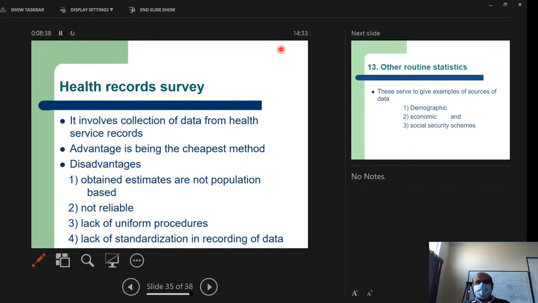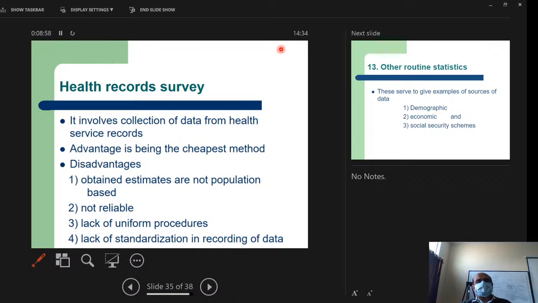The downside is that the obtained estimates are not population based, because the population which comes to the hospital is usually a sick population. So you lose a lot of data from the healthy population.